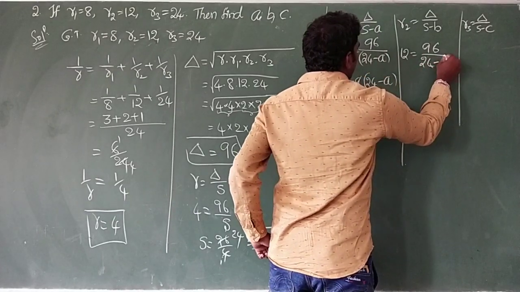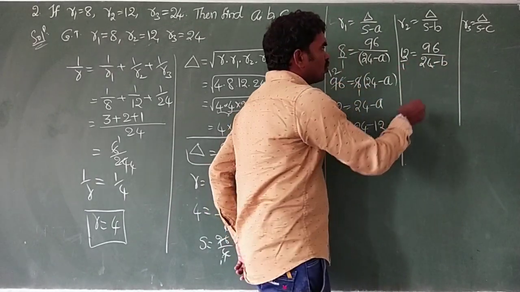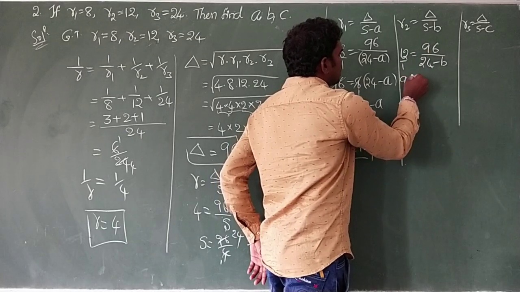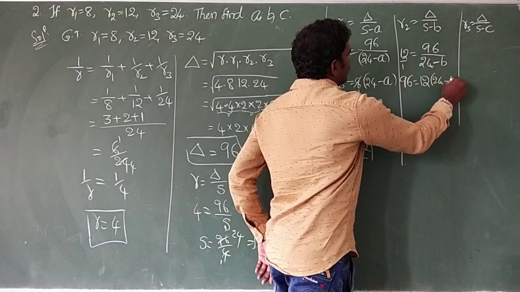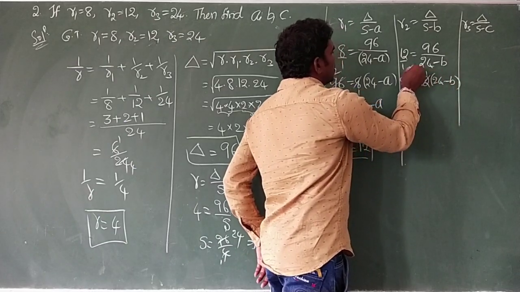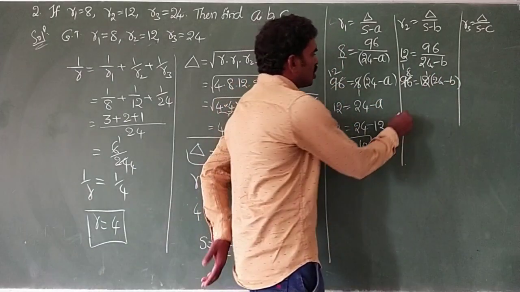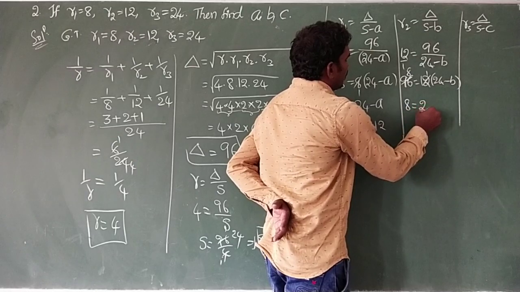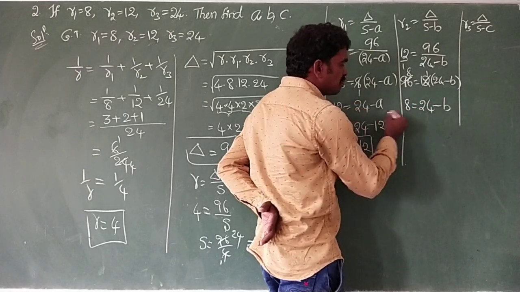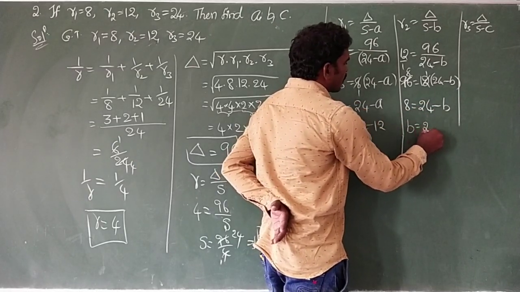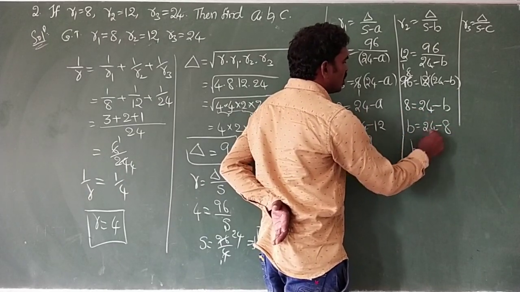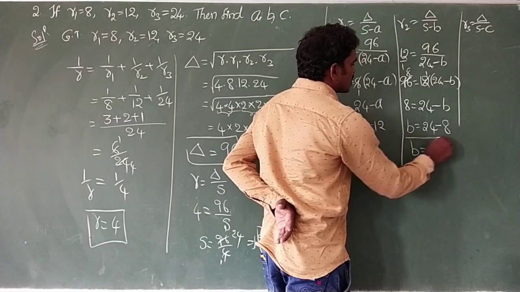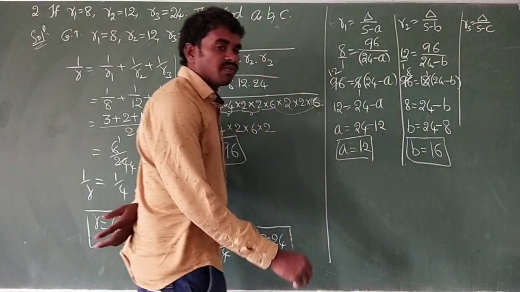So 24 minus b by 1. Do cross multiplication. 1 into 96, 96 is equal to 12 into 24 minus b. See, 12 1s are 12, 12 8s are 96. So the remaining is 8 equals 24 minus b. Minus b bring left side, then b equals 24, 8 send right side becomes minus 8. Then b equals 24 minus 8, how much? 16. So we got the b value also.